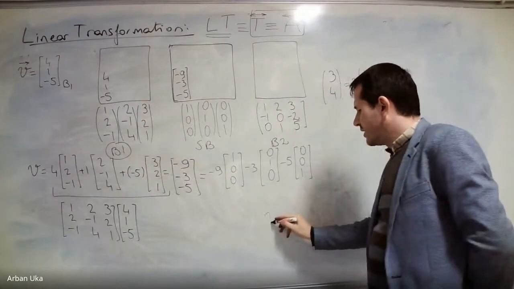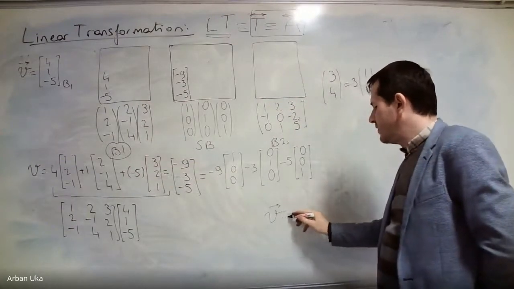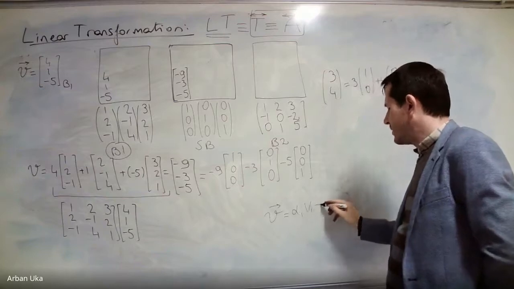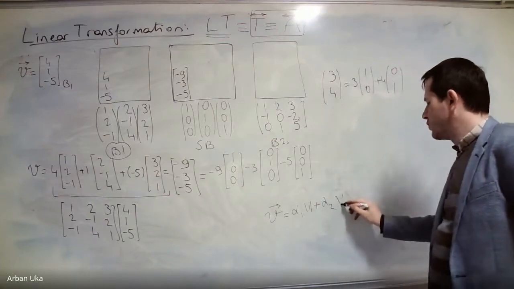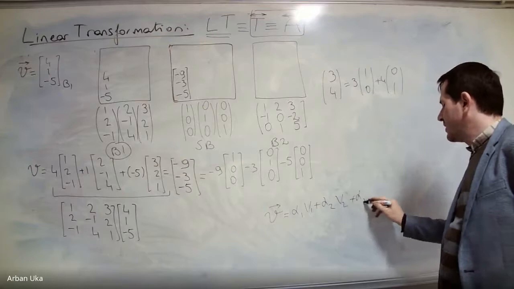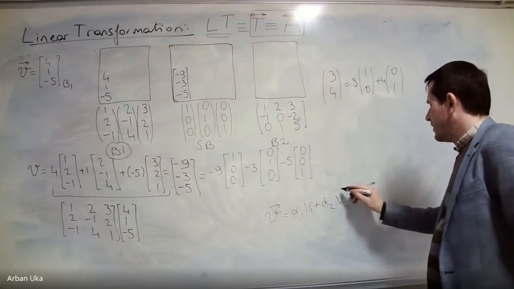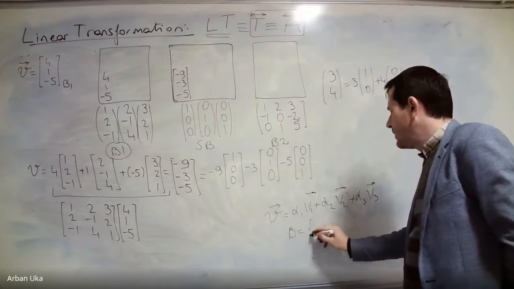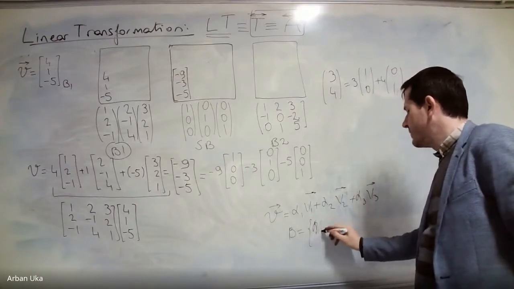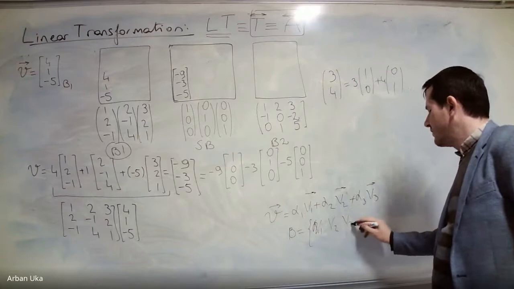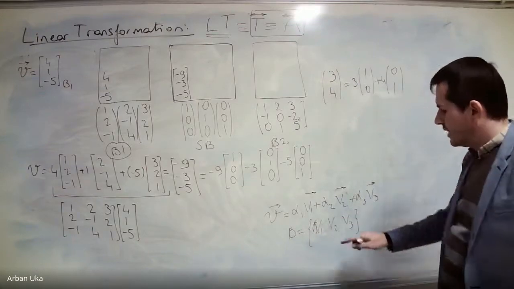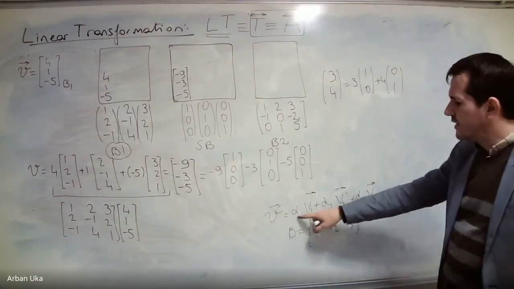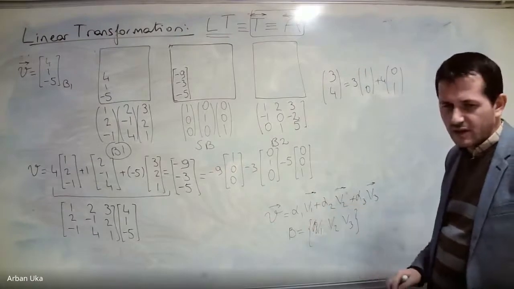Let's not forget that we used to write any vector v as alpha 1 v1, plus alpha 2 v2, plus alpha 3 v3, where v1, v2, and v3 were a basis. So if this is a basis, then any vector can be written like this. Is it fine, no?